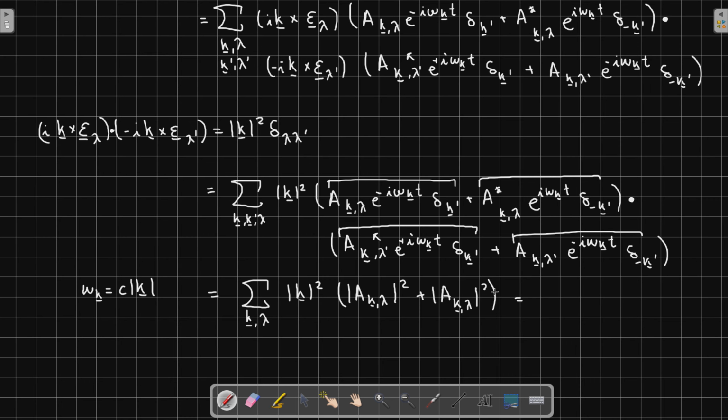which is this one, and this allows us to write this whole thing as the sum over k lambda of omega k squared over c squared times 2 modulus of a k lambda squared.